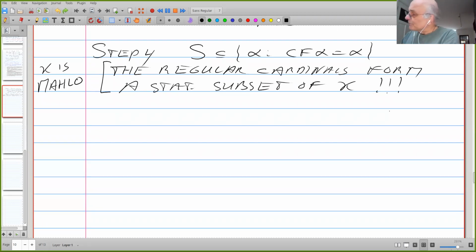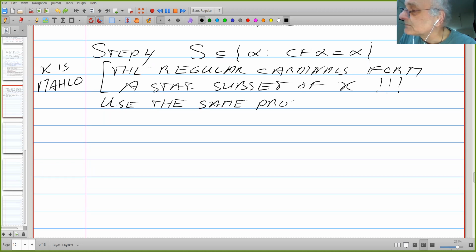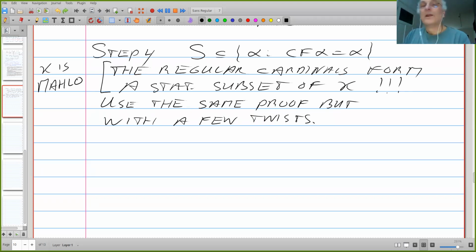But anyway, what do we do when we have this case? Because now we don't have a constant cofinality function anymore. We can use the same proof but with a few twists. The first thing that we do is we shrink S a little bit.